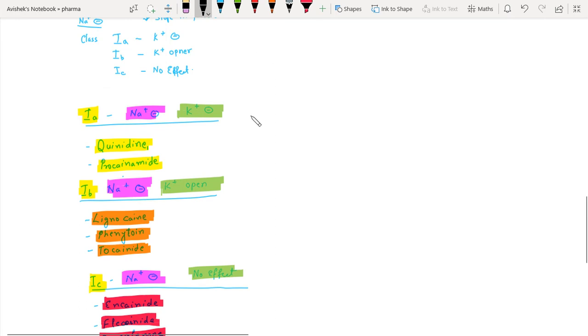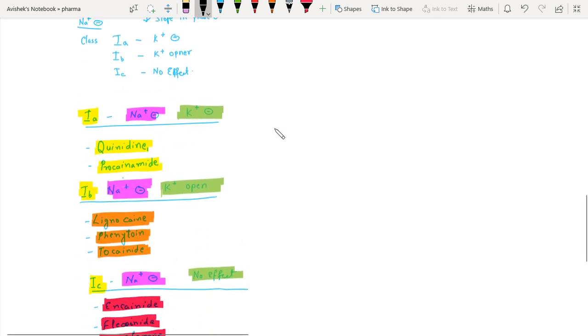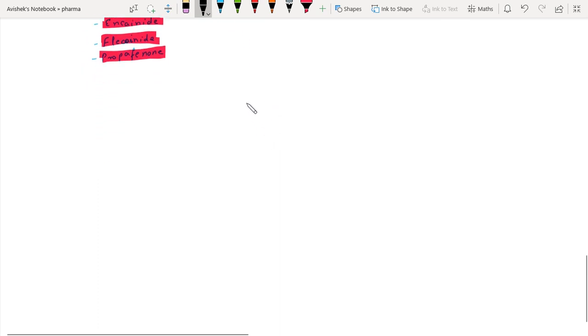Now let's check class 2 drugs. Class 2 is beta blockers. We previously already talked about beta blockers.